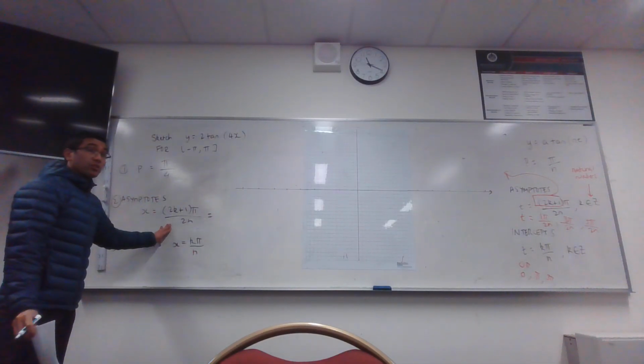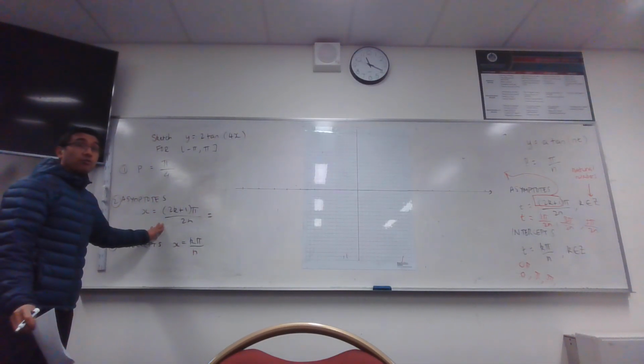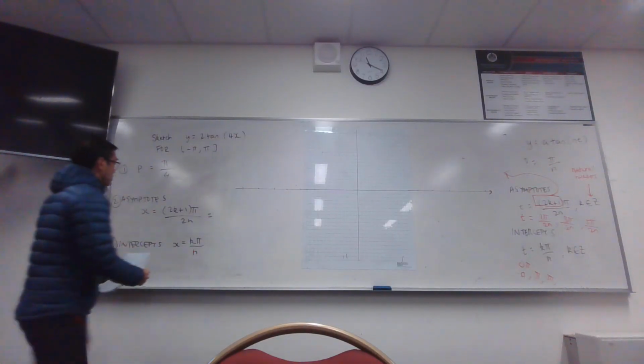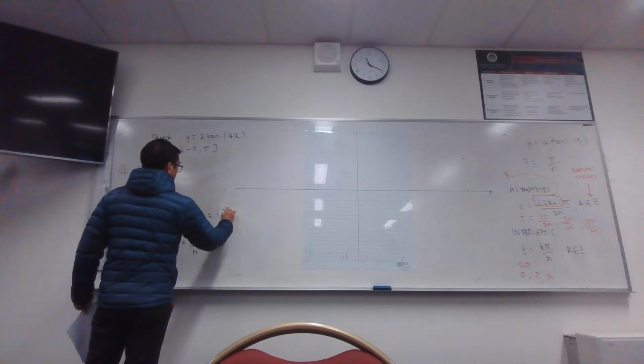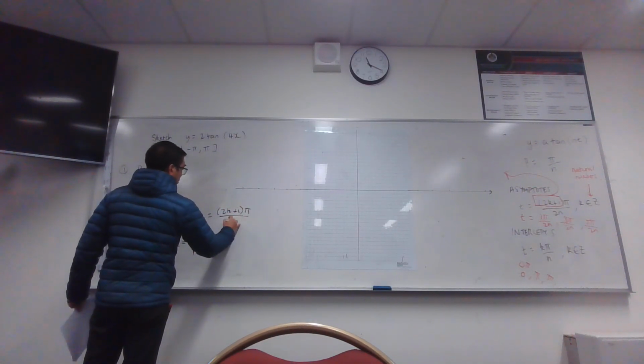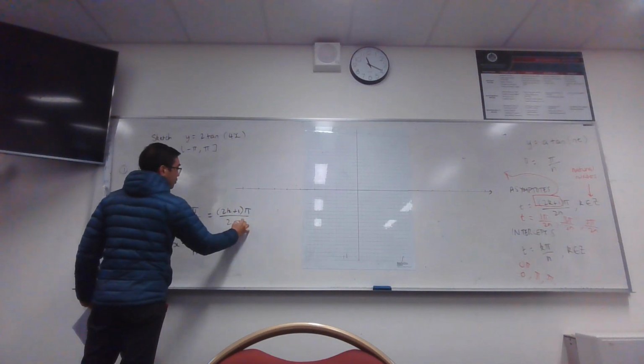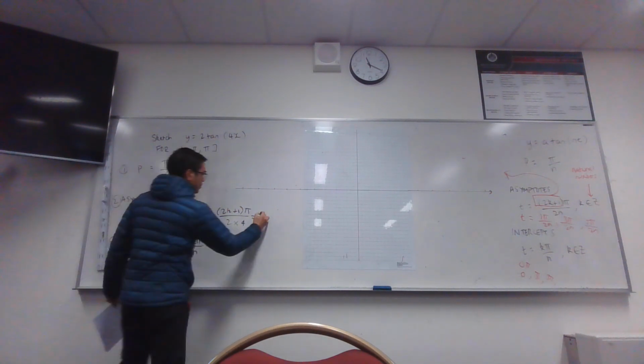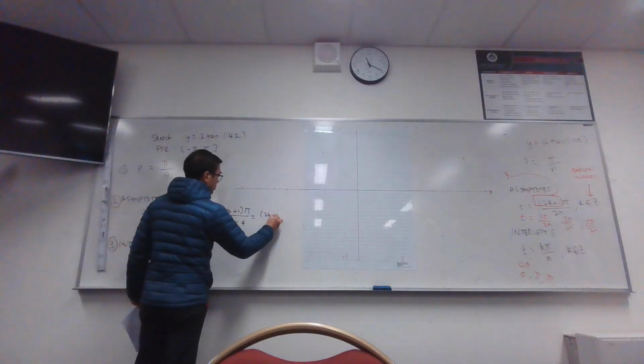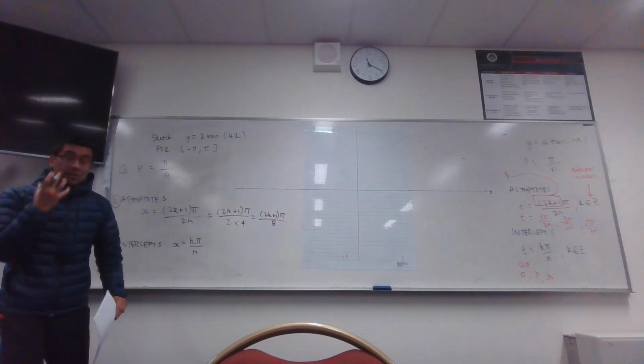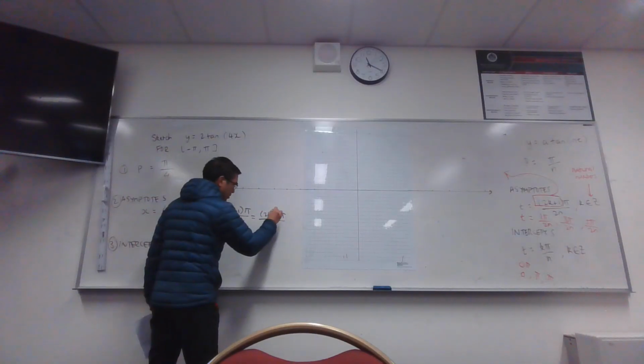What can we now change in our counting for our asymptotes? The n. 2 times 4. So 2k plus 1 pi on 8. So just to simplify things in your head, this is counting.